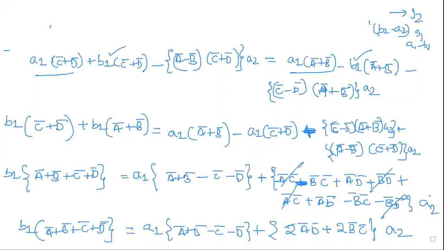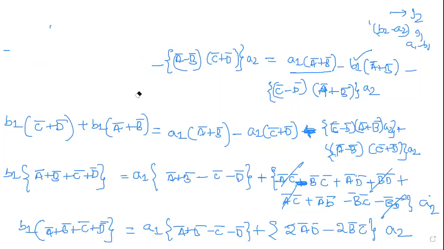Is that okay? Any confusions, you can ask me. Minus 2 B bar C bar. Yeah, this is minus 2. This will be minus 2 B bar C bar.